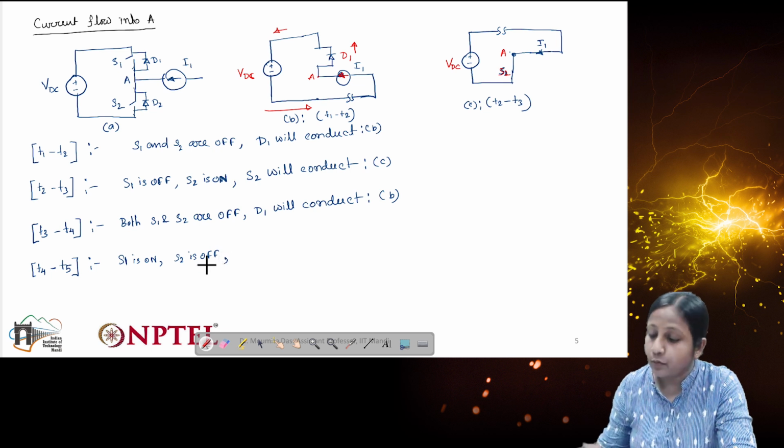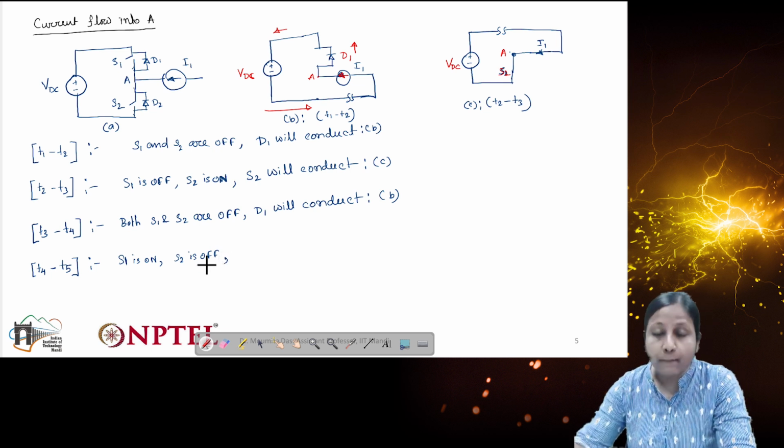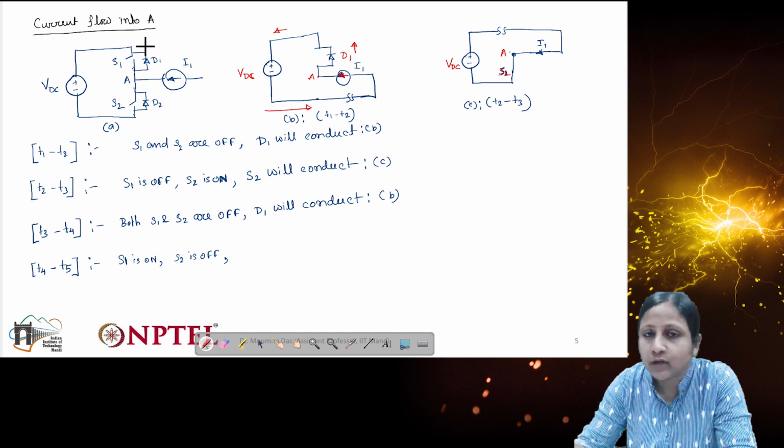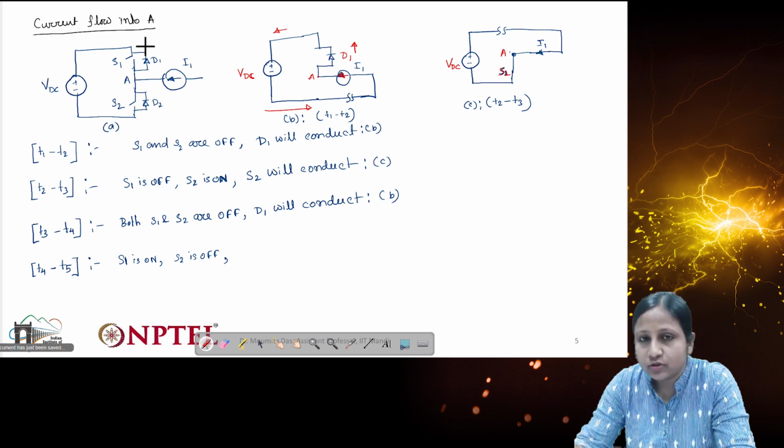Now what will happen? The upper switch has its drain connected to the positive terminal of the DC voltage and source connected to the midpoint. If the switch is on, ideally forward current should flow from drain to source, so basically from VDC to A.